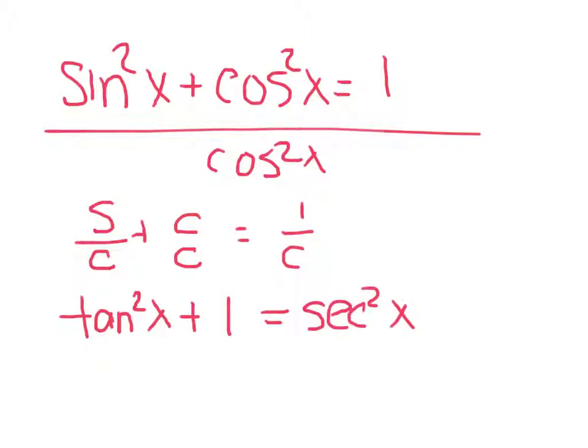So you see, of those three identities, you just memorize the first one and you get the other two from it.